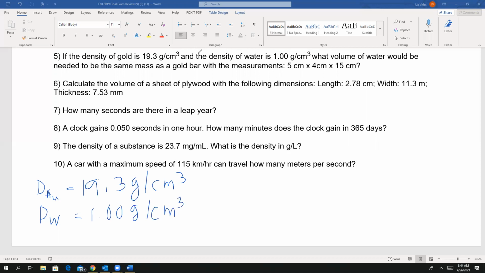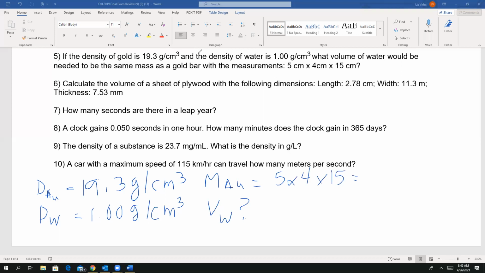Now it says, what volume of water, so we want dW, that's our question, would be equal to a mass of gold that has 5 by 4 by 15.